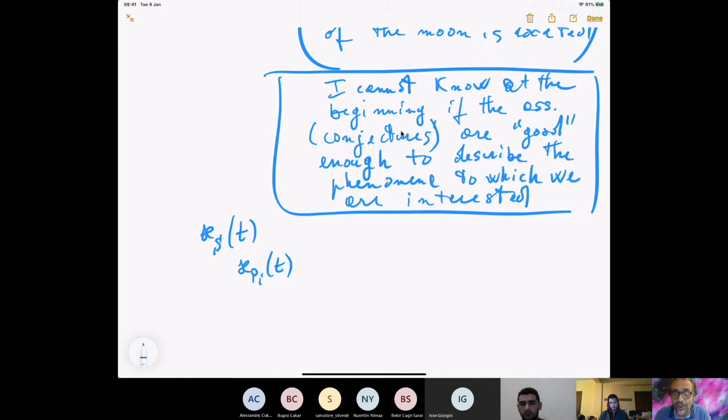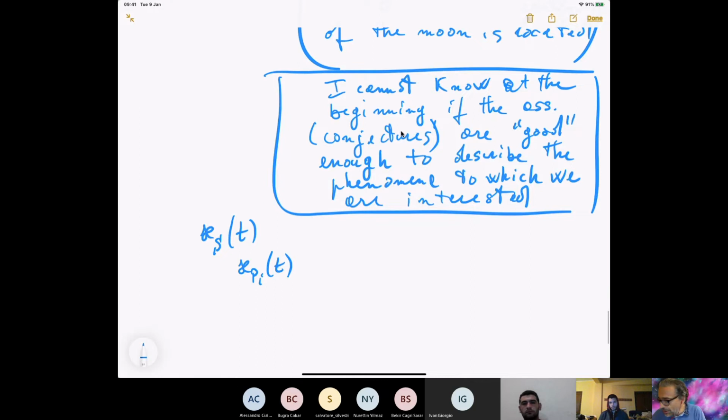After a lot of reasonings, they understood that these stars are always in the same position. But this required a lot of reasonings.